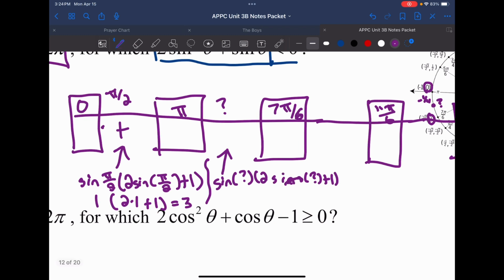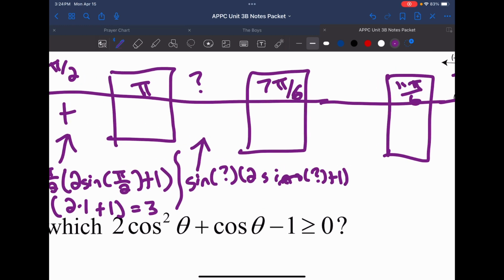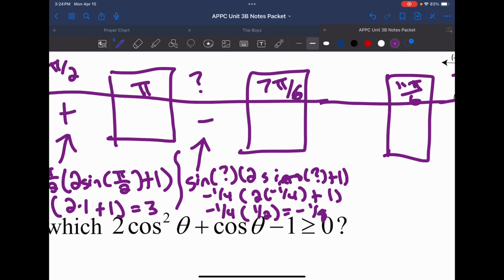We don't know what the angle is, but we know what the output will be. There's a negative 1/4 there, and then this will be 2 times negative 1/4 plus 1. That gives me negative 1/4 times positive 1 half, which gives me negative 1/8. So the most important thing is that I know that's negative.